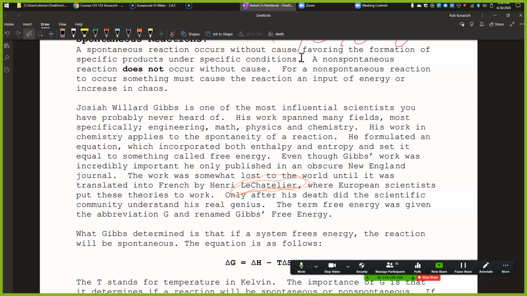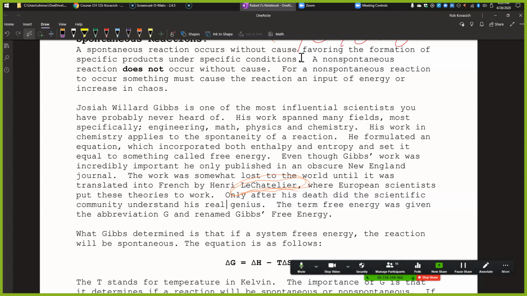So in the end, his work ended up causing everybody to understand this concept of spontaneity. And he called the relationship of spontaneity something called free energy.